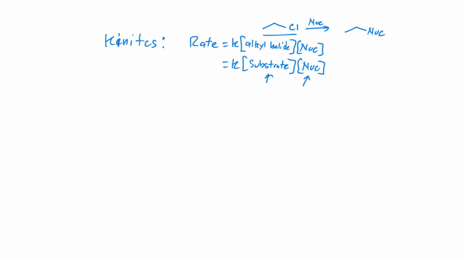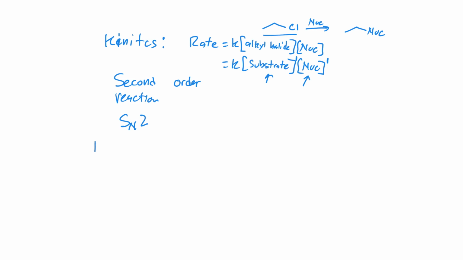So this reaction is first order in substrate and first order in nucleophile, and so we call it a second order reaction overall. Because basically the exponent of each of these is 1, it adds up to 2, so we call it a second order reaction. If we had a third component in here, it would be called a third order reaction. And so we come up with the term SN2: substitution, nucleophilic, bimolecular, meaning we have a second order reaction where the rate is dependent on both the concentration of the substrate and the concentration of the nucleophile.